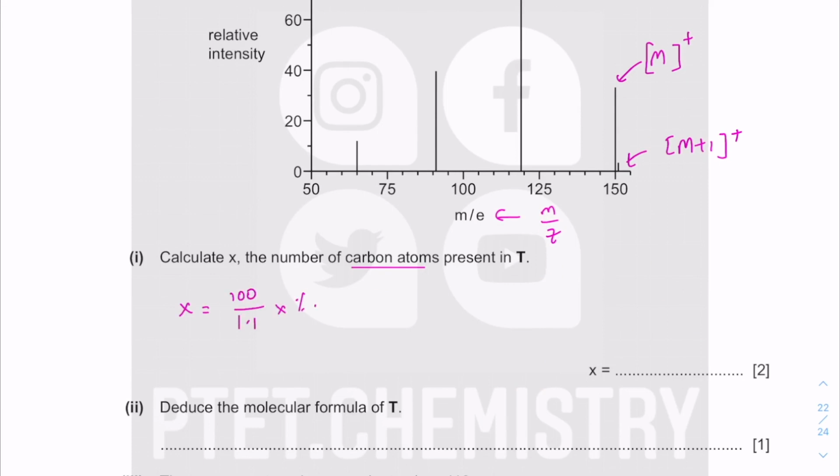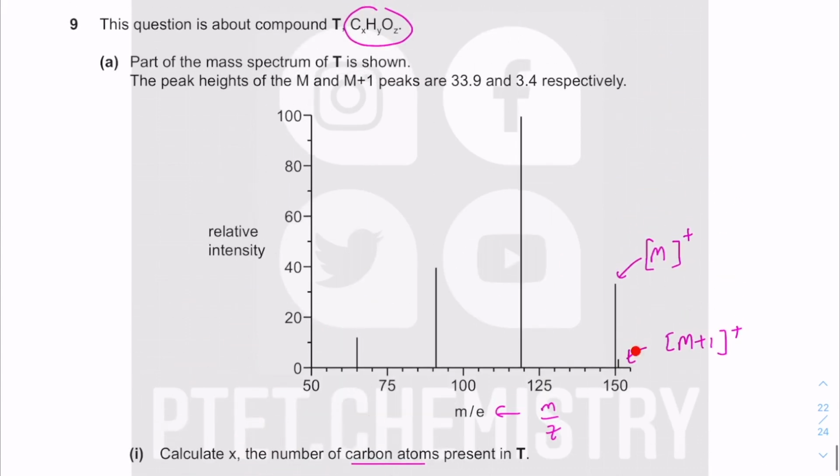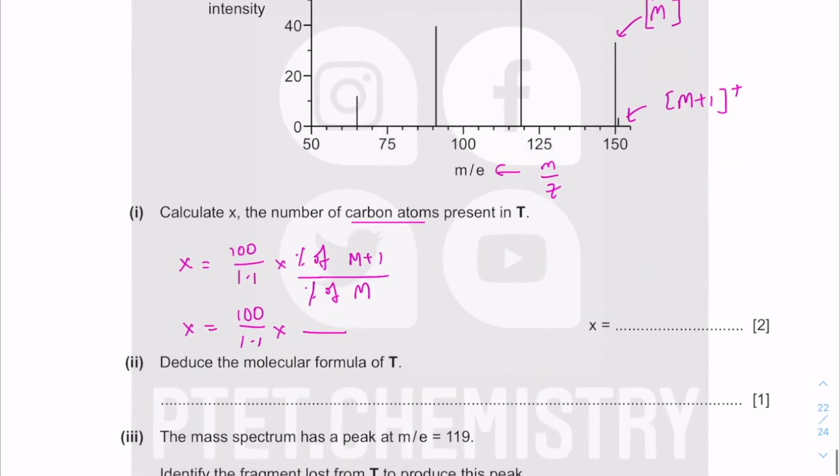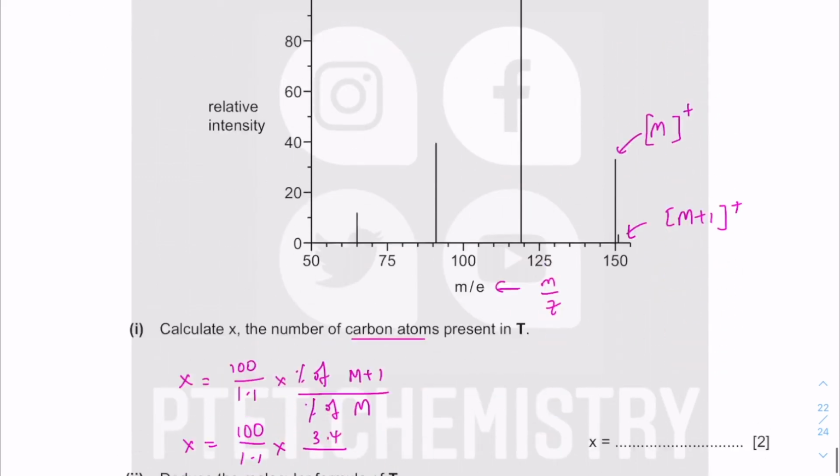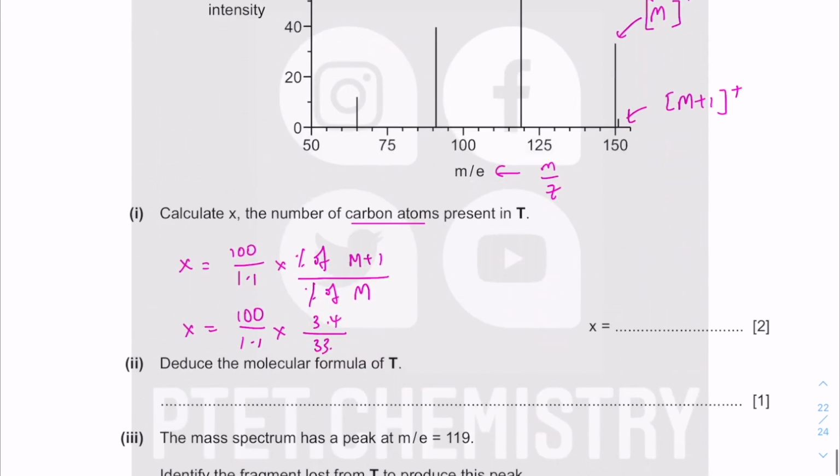That is the percentage of M plus 1 divided by the percentage of M. So x equals 100 over 1.1 times the percentage of M plus 1, which is 3.4, divided by 33.9. So pop that into your calculator: 100 divided by 1.1 times 3.4 divided by 33.9.